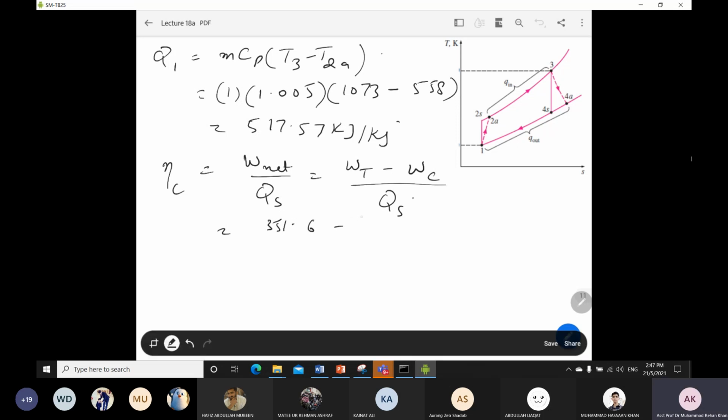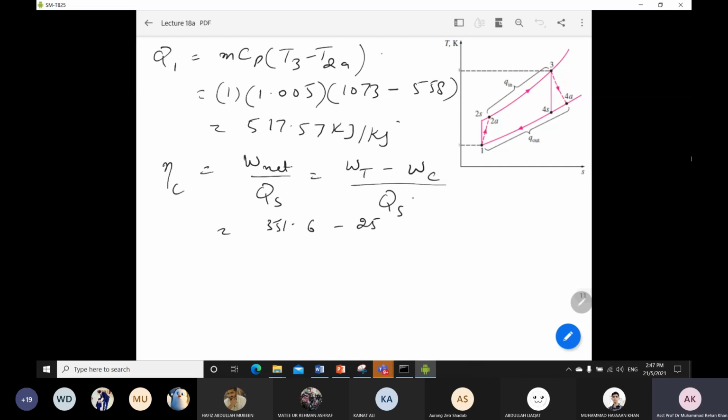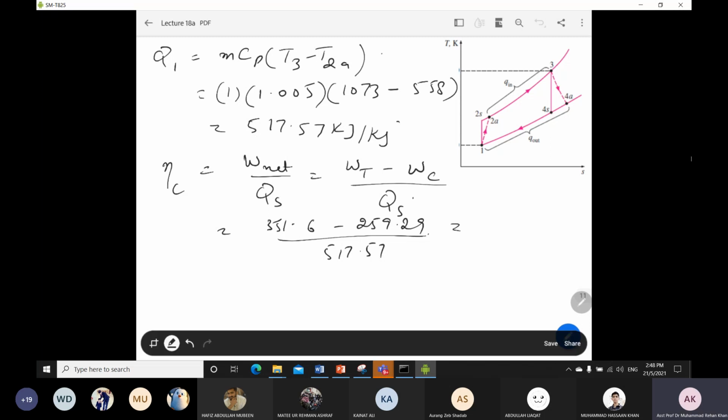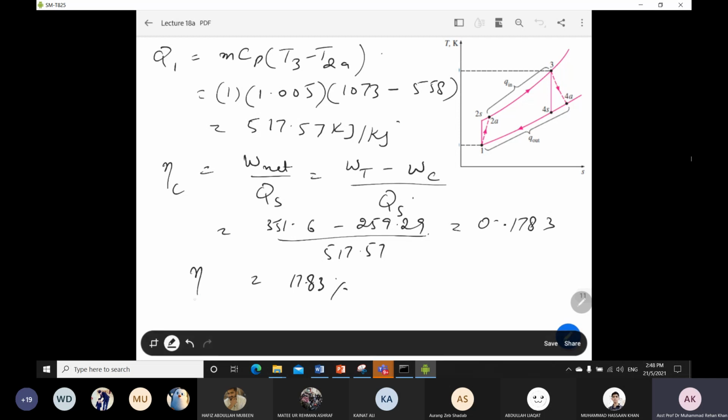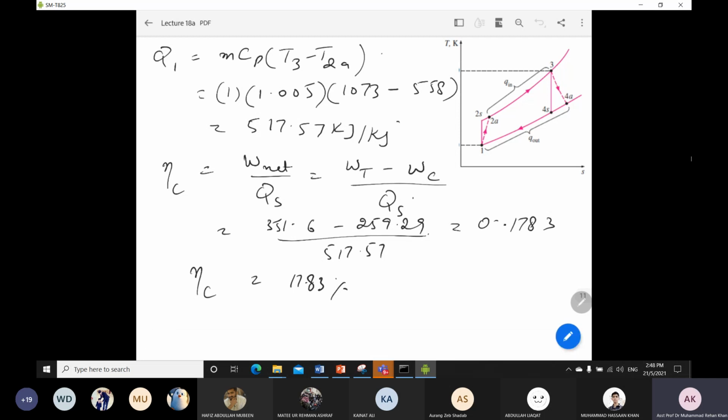W compressor is equal to 259.29, divided by Q supplied, which is 517.57. It turns out the efficiency is 0.1783, or 17.83%. So this is the efficiency of your Brayton cycle.